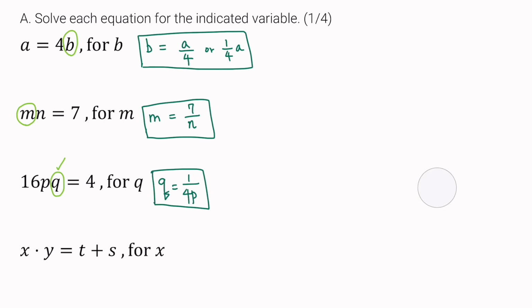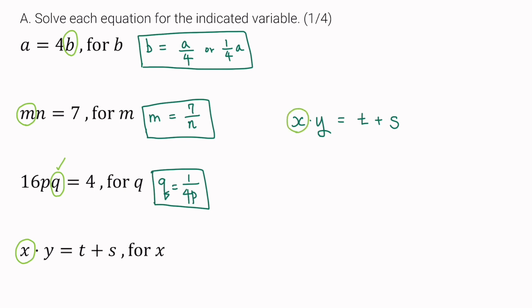All right, so moving on to the last question on this page. We have x times y is equal to t plus s, and we are solving for the variable x. So let's rewrite the whole expression on this blank space on the right. X times y is equal to t plus s, and we are solving for this x.